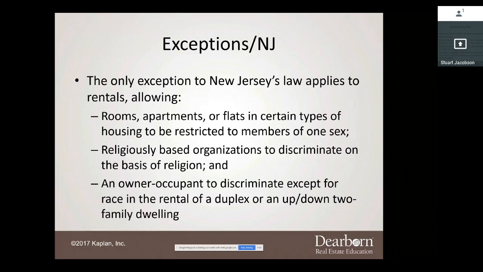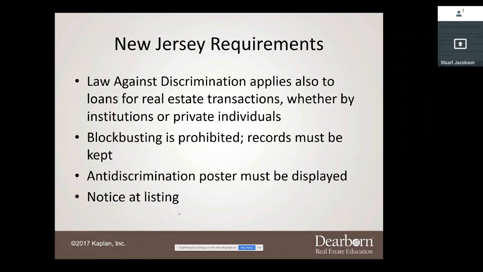That is allowed. The other is owner-occupant, discriminate except for the race. There's no exception. Civil Rights Act of 1866, rental of a duplex or an up-down two-family dwelling. So basically, if it's an owner-occupied two-family, the owner can discriminate except based on race. Okay? Now, the New Jersey law against discrimination also applies to real estate transactions where there are loans, institutions, private individuals.